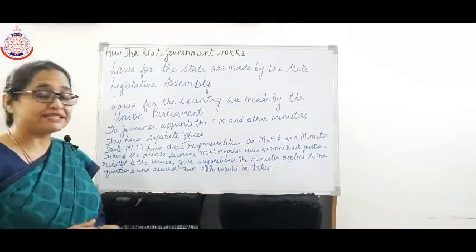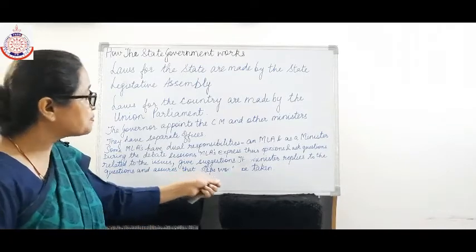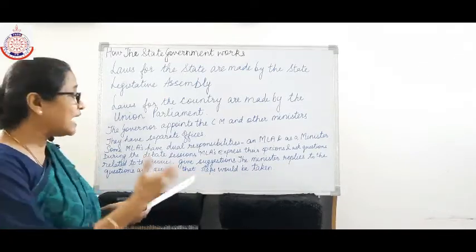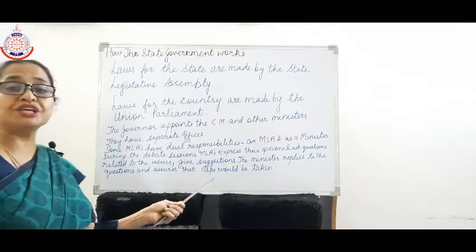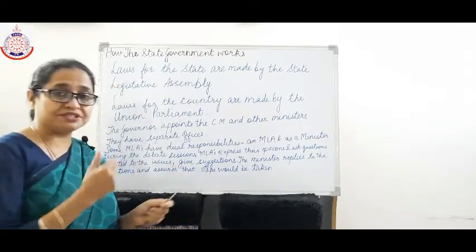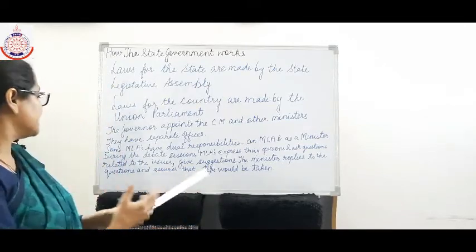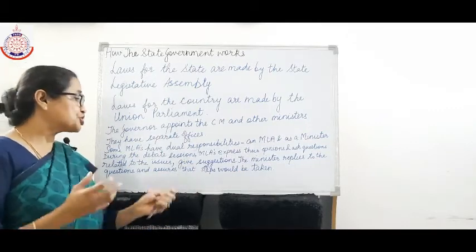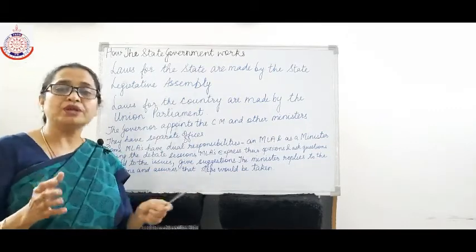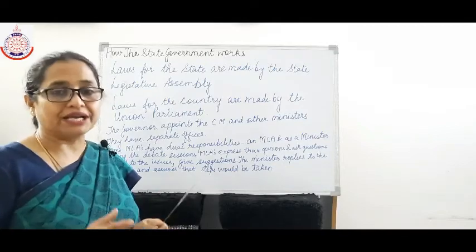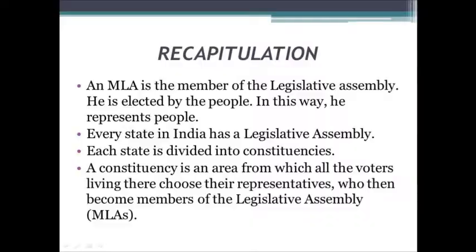Now during the debate sessions, MLAs express their opinions and ask questions related to the issues. They give their suggestions. The minister replies to the questions and assures that steps would be taken to improve the condition of the state.